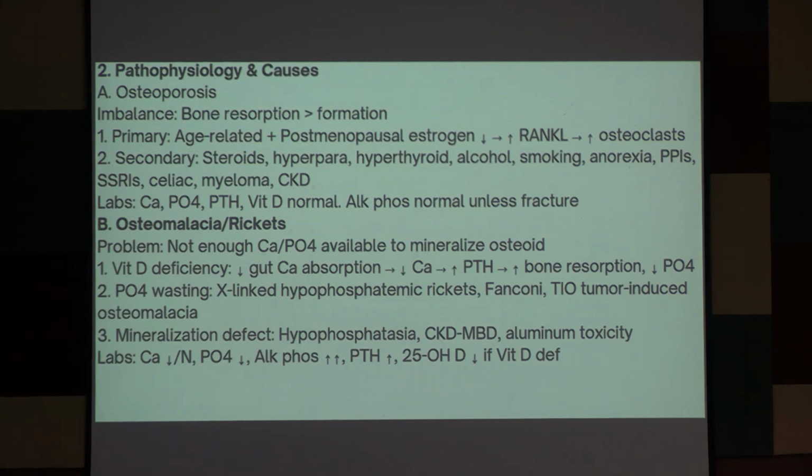Pathophysiology and causes: in osteoporosis, there is imbalance between bone resorption and formation. At the age of 0, bone formation starts. That is upgrowth. Increased formation, less resorption. At the age of 40, balanced.